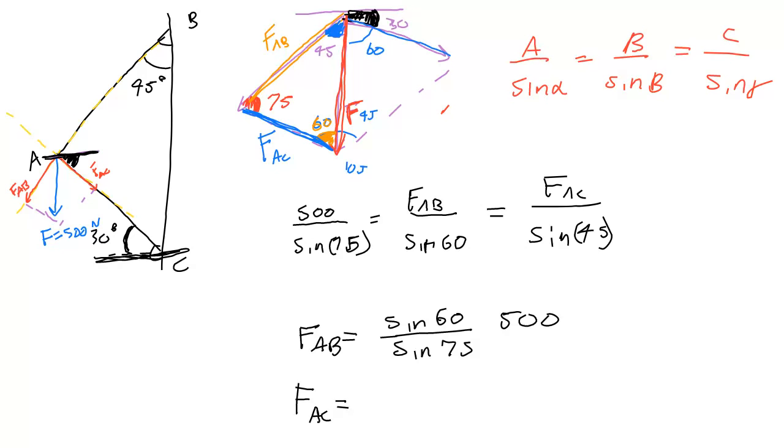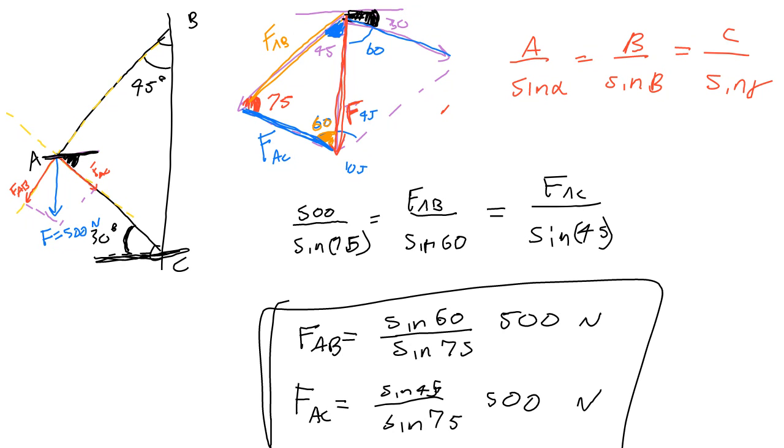And FAC is going to be sine 45 over sine of 75, times 500. Hope you can read my handwriting. Okay, so that would give us our answer there.